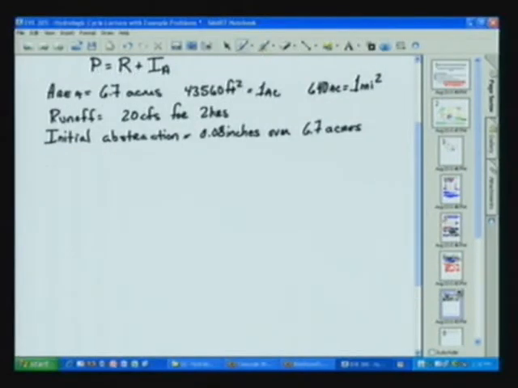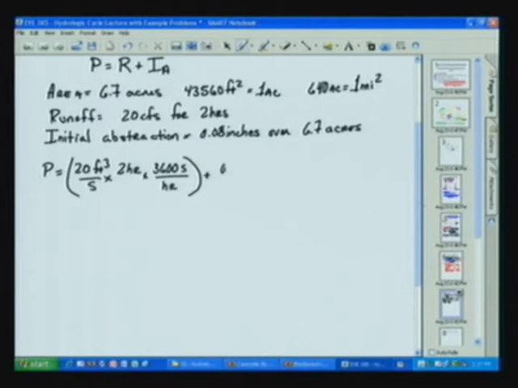So the precipitation is going to be 20 cubic feet per second times 2 hours times 3,600 seconds every hour. So that'll leave us with units of cubic feet.